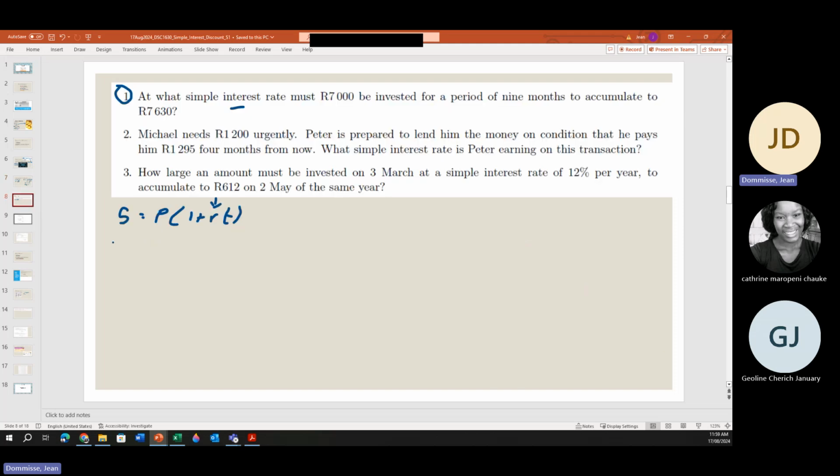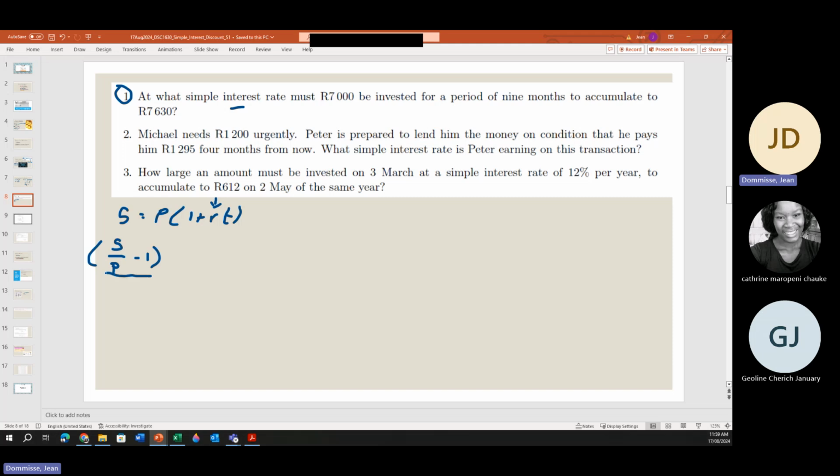Okay, so S divided by P minus 1, that divided by T will give me the R that I'm looking for. We've got the future value, the S is 7630.